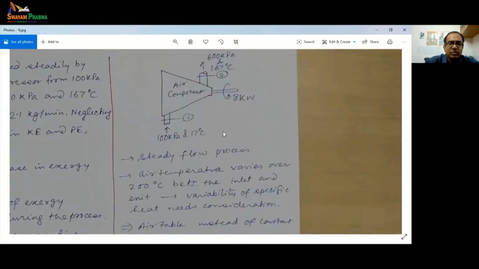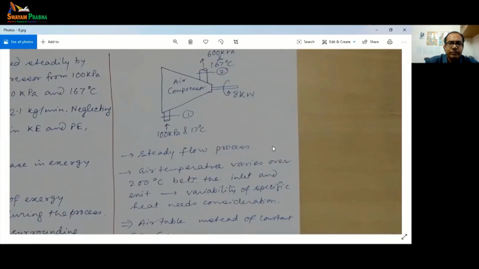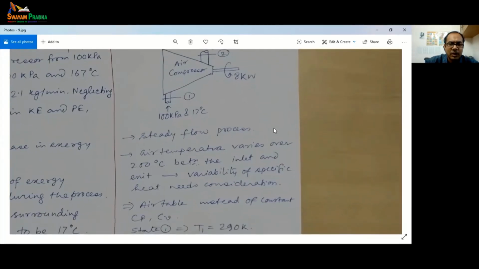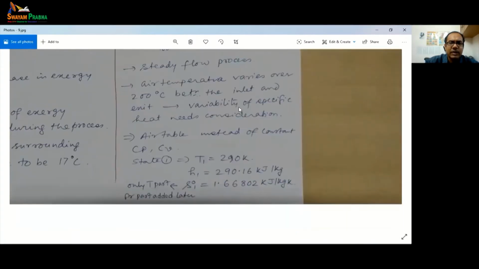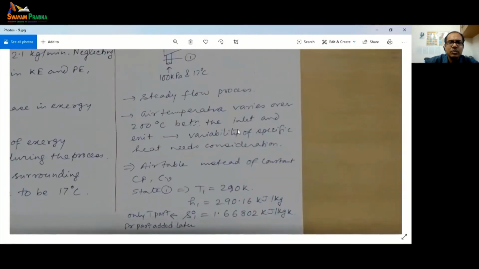We can see a lot of temperature difference, so the variability of specific heat we need to take into consideration. If you look at the table, this is one we did not consider in the earlier tutorial.